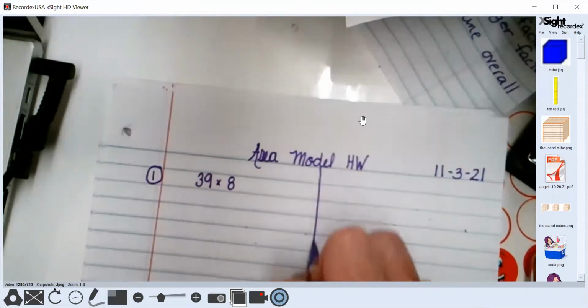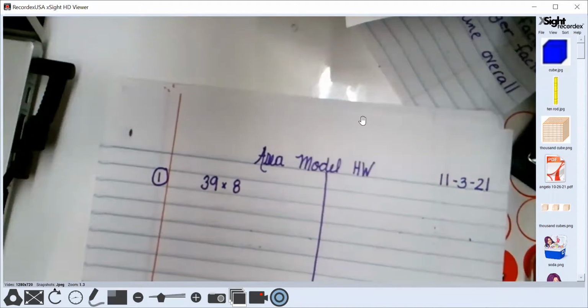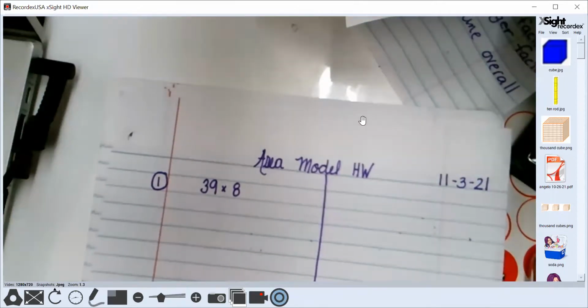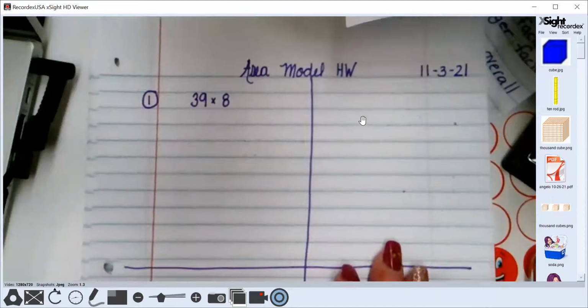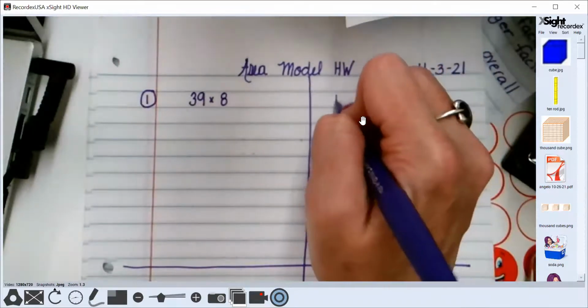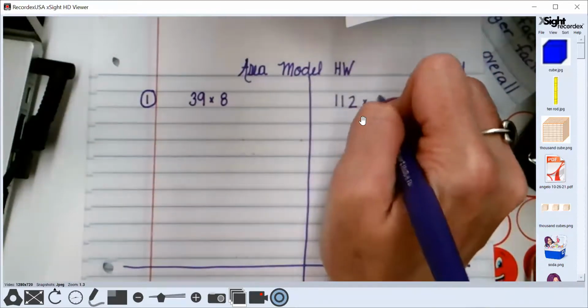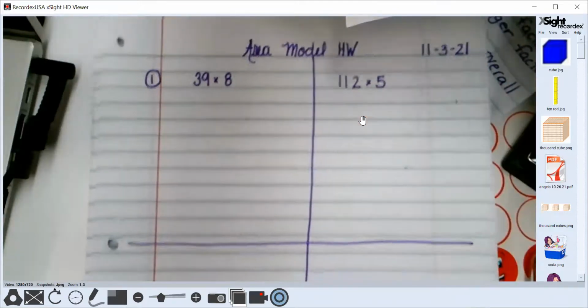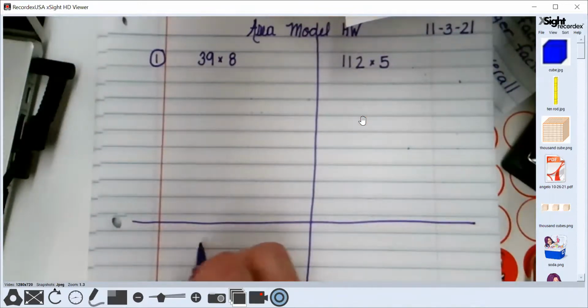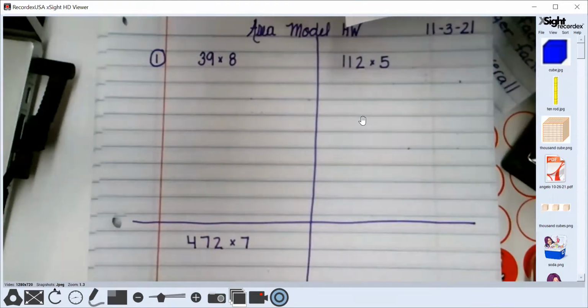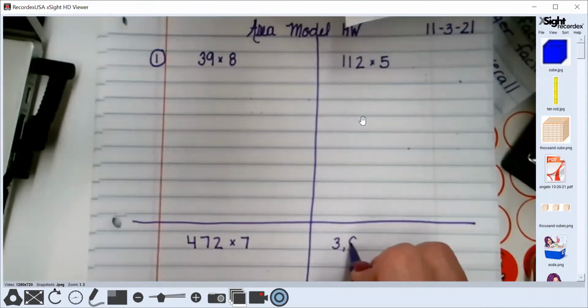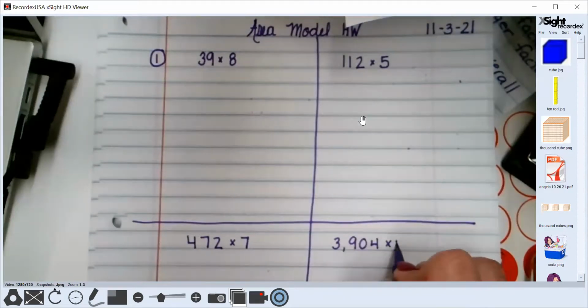And you should have done your homework paper in a 4 square, so you have 4 places to do your work. The second problem is 112 times 5. 472 times 7. 3,904 times 4. Those are the homework problems.